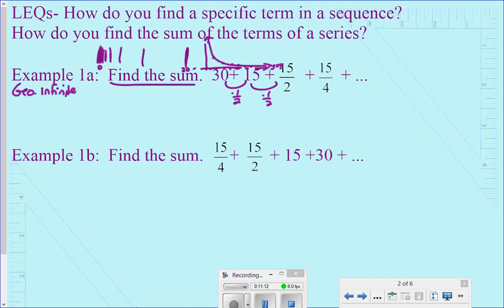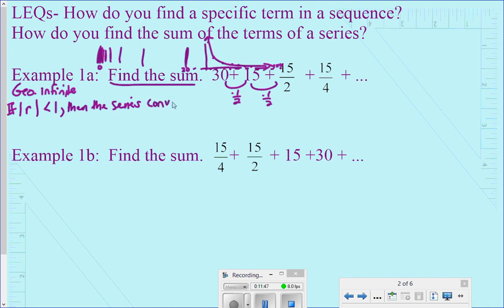So when you have a geometric infinite series, the first thing you're going to do is check the R value. Specifically, we'll want the absolute value of R. So we're going to find the absolute value of R, and if the absolute value of R is less than 1, then the series, we say this when it's getting really, really close to an asymptote, we say that it converges.